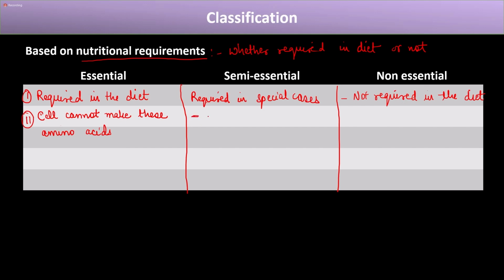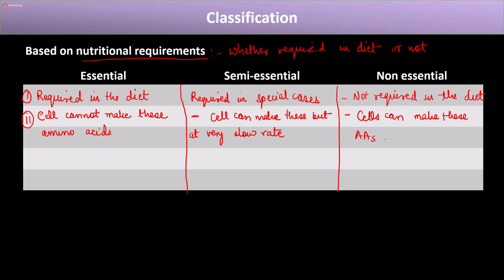The semi-essentials, the cell can make, but at a very slow rate. And non-essentials, cells can make these amino acids, hence they are not required in the diet.